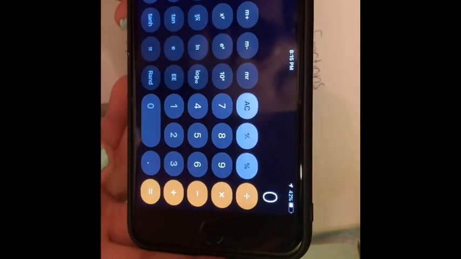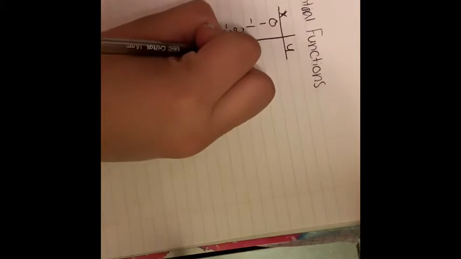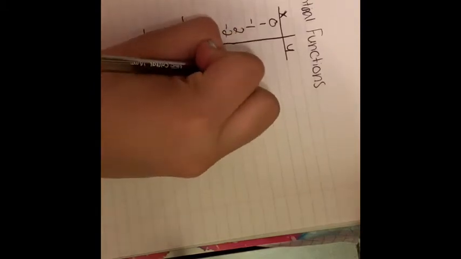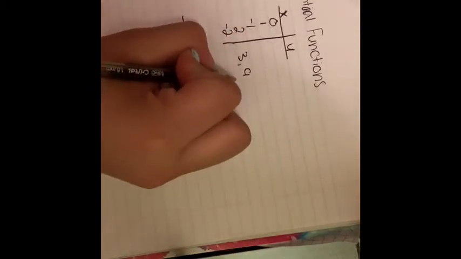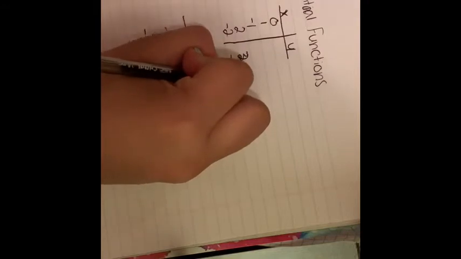So now what you can do is 3 to the power of 2, which is 9. Which means 3 to the power of -2 would be 1/9.